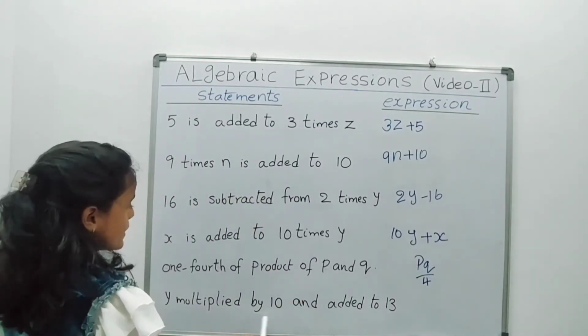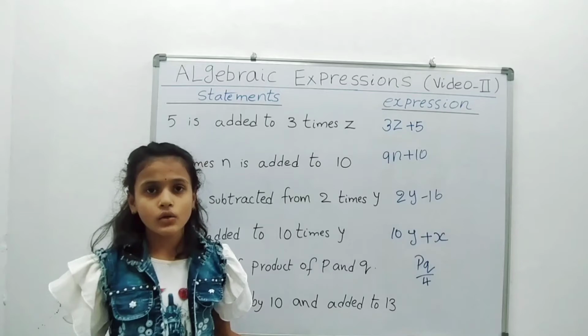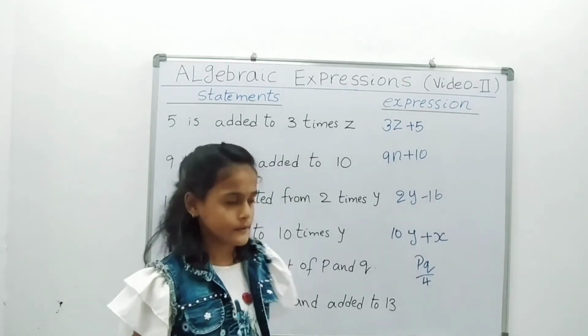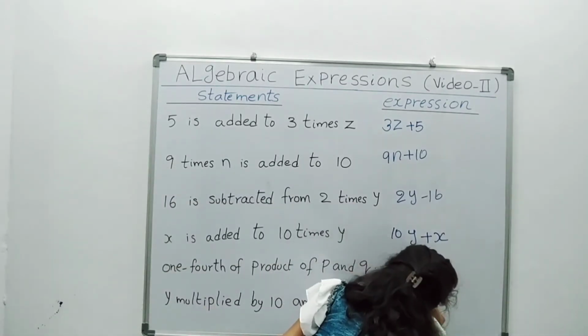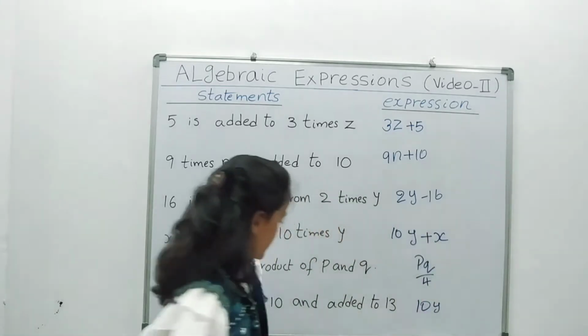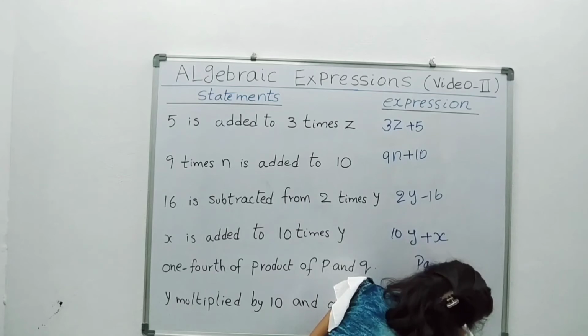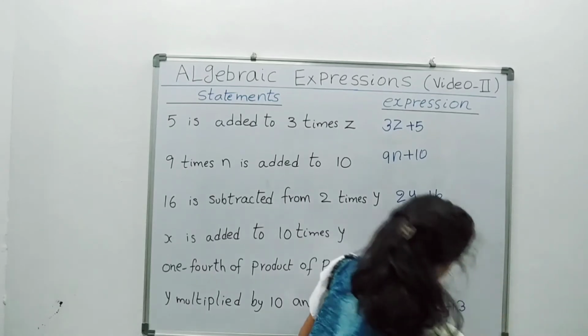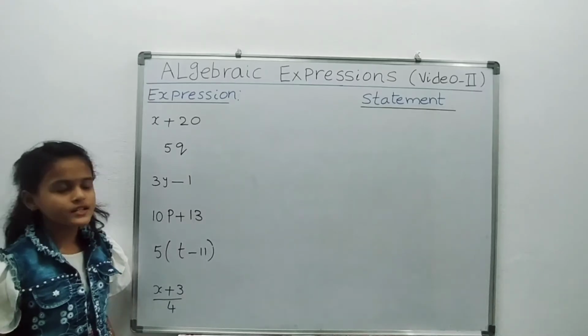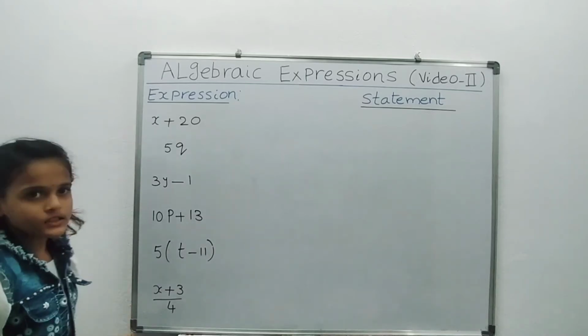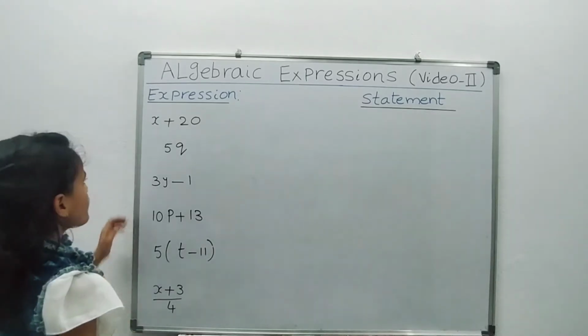Y multiplied by 10 is y into 10 is 10y. And next, added to 13. 10y plus 13. Okay.